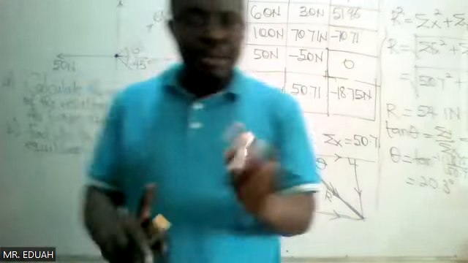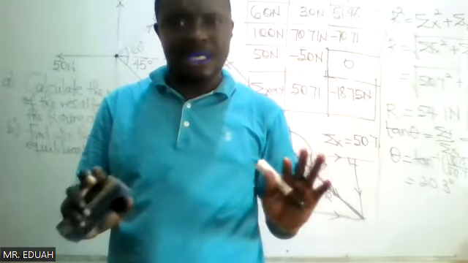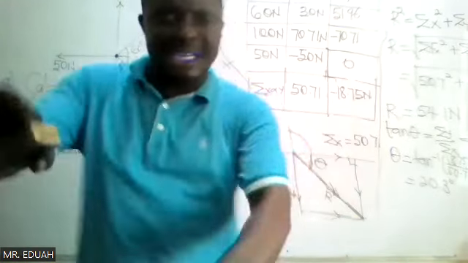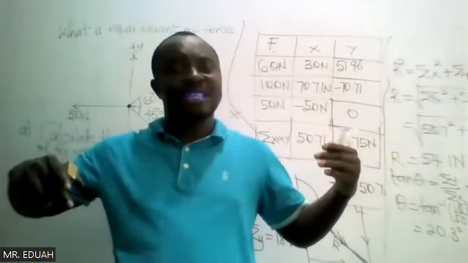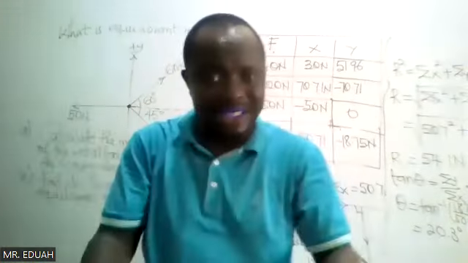Because when the equilibrium comes in, it comes to set the system in equilibrium, the equilibrium must have the same magnitude as the resultant.